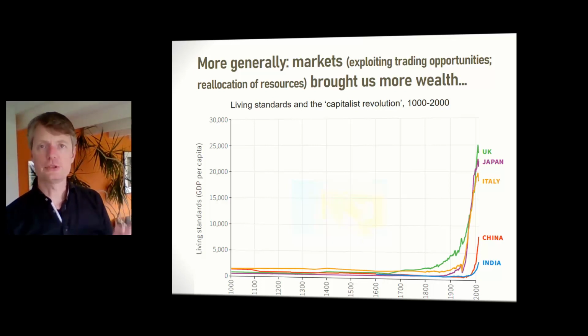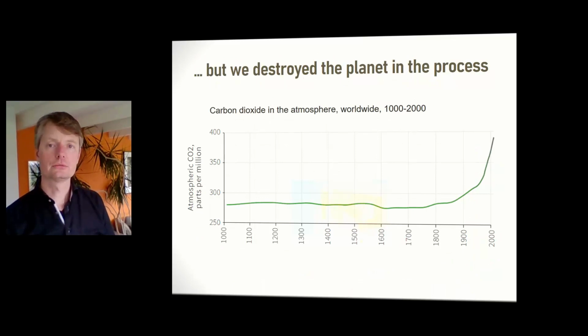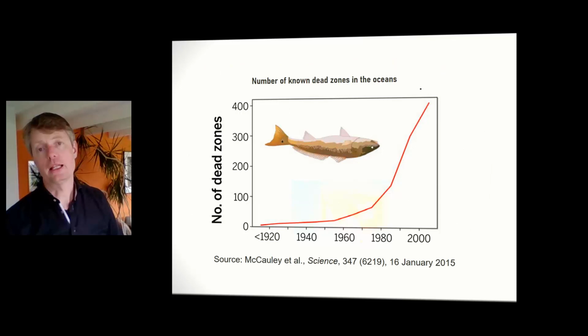However, this came with a cost. We basically destroyed the planet in the process. This is the CO2 in the atmosphere, so the whole global warming. And secondly, this is just a random example, but the oceans are now pretty much empty. There are completely dead zones in the oceans.